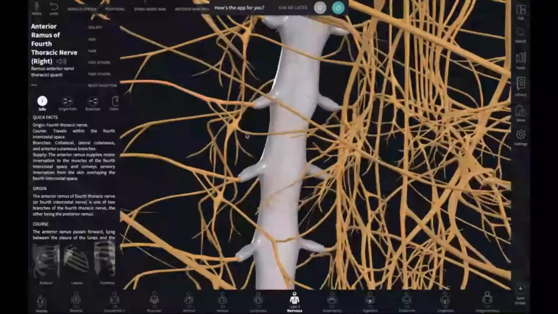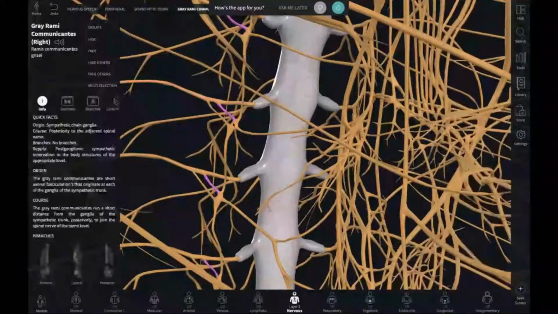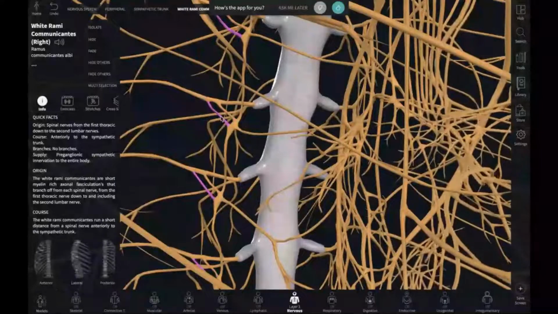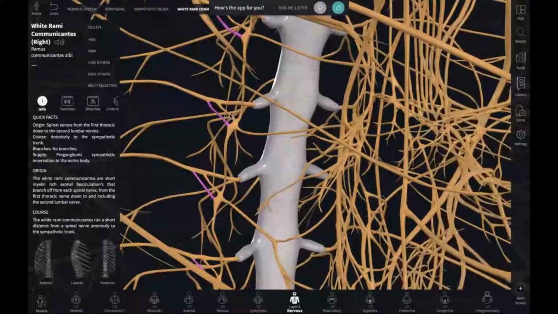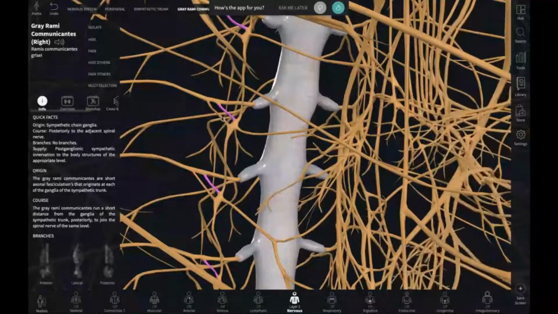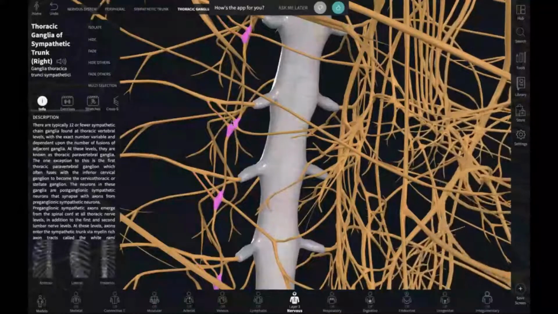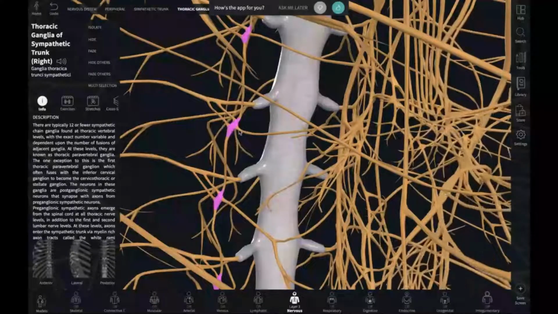Okay, so there is another ramus coming, white rami, that is coming from the fourth thoracic nerve. So this is the gray rami and this is the white rami. Both come and form the ganglion. This is a sympathetic ganglion.